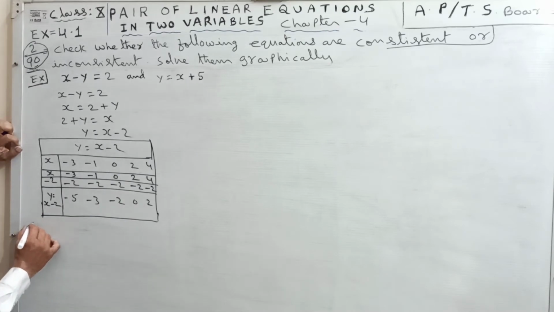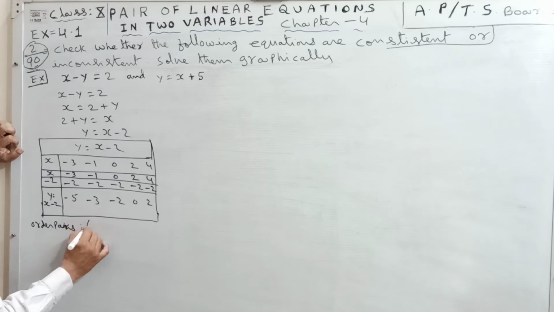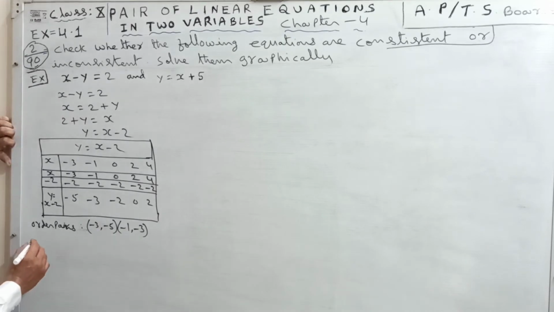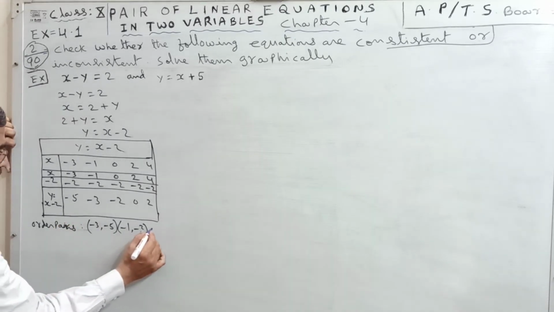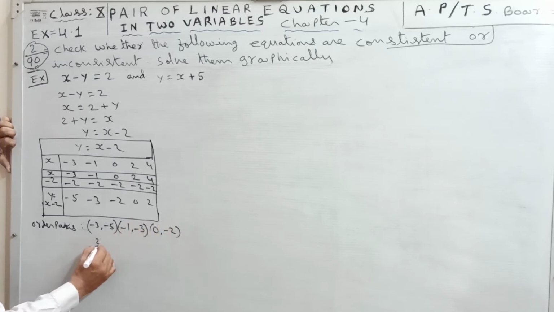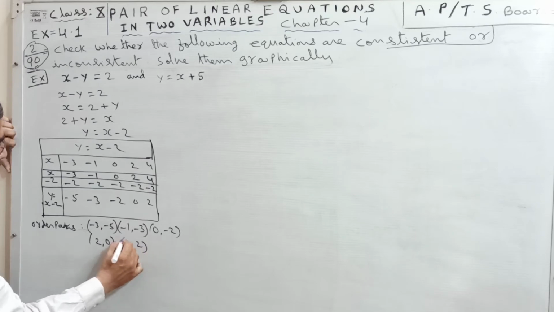So the ordered pairs are: -3 comma -5, -1 comma -3, 0 comma -2, 2 comma 0, 4 comma 2.